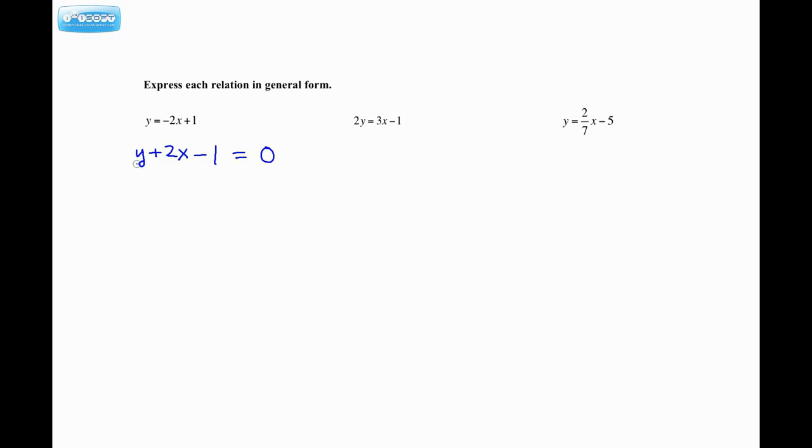The terms aren't written in their proper order, but why not? 2x plus y minus 1 equals 0. So there are no fractions. Everything is set equal to 0, and the coefficient in front of x is positive. So this example is done.